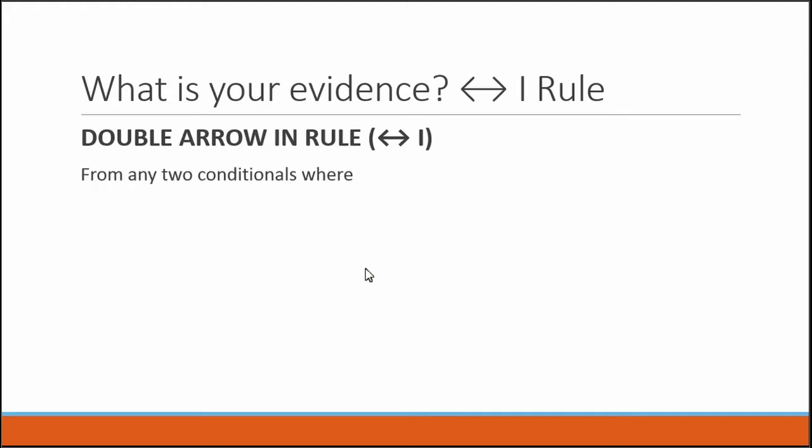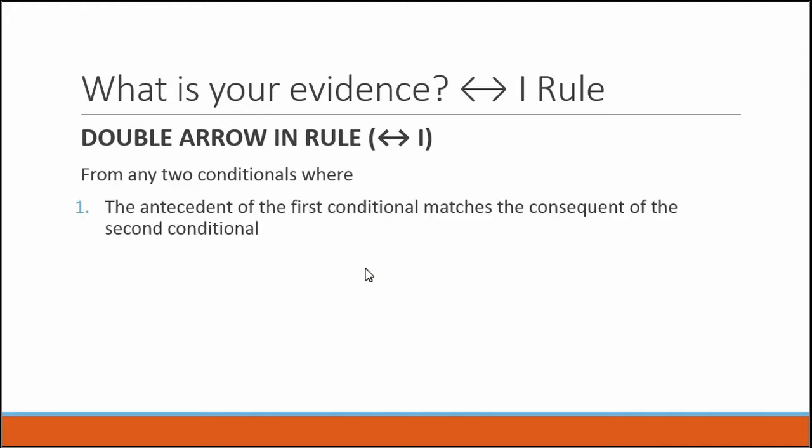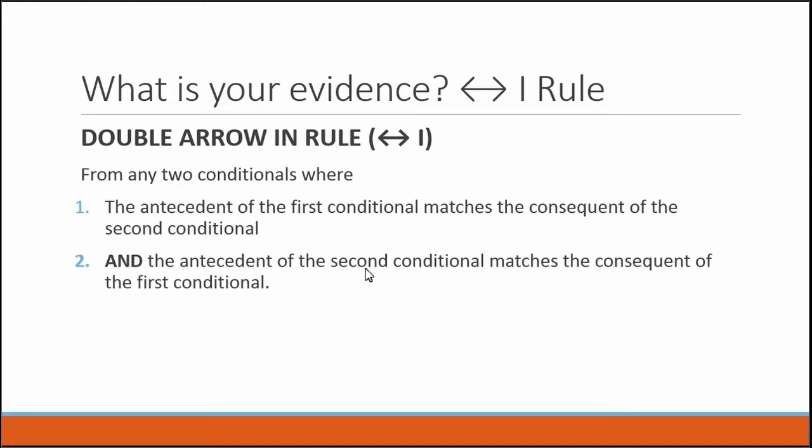From any two conditionals where the antecedent of the first matches the consequent of the second, and the antecedent of the second matches the consequent of the first, infer one of the corresponding biconditionals, so double arrow in rule and double arrow out rule.